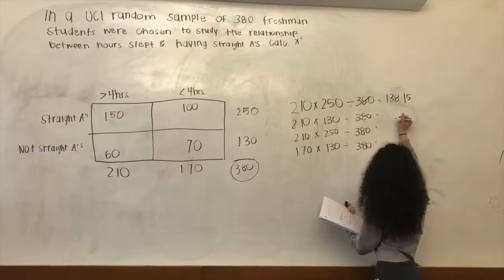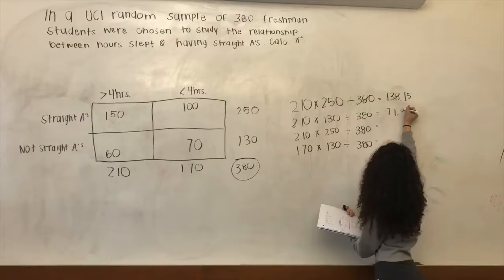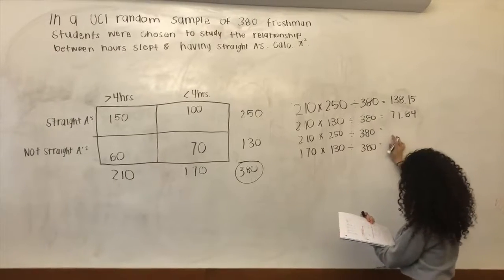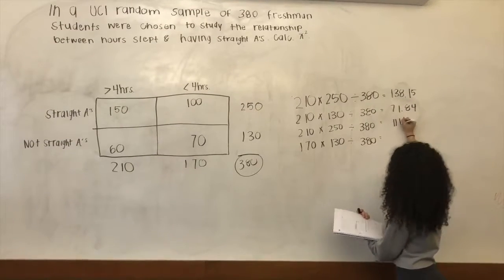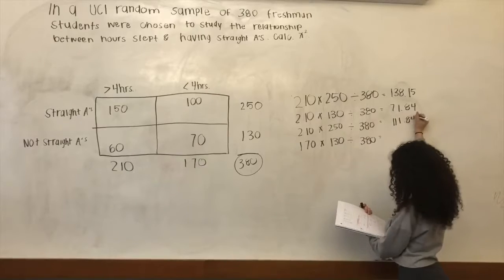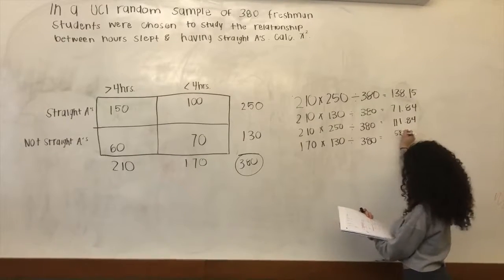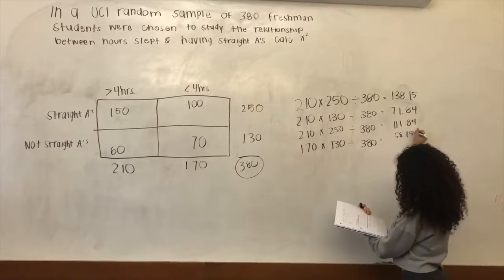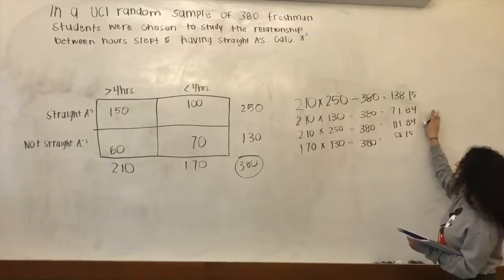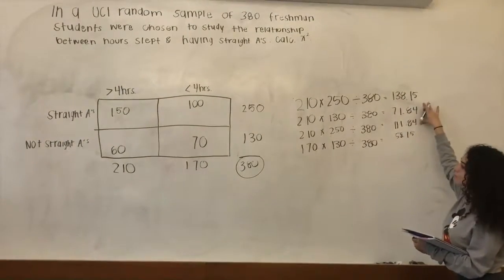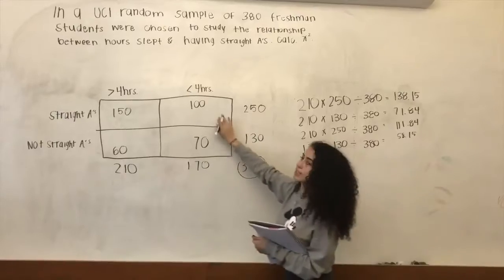The results are 138.15, 71.84, 111.84, and 58.15. So after we get all the numbers, we're going to plug them into each box that it pertains to.